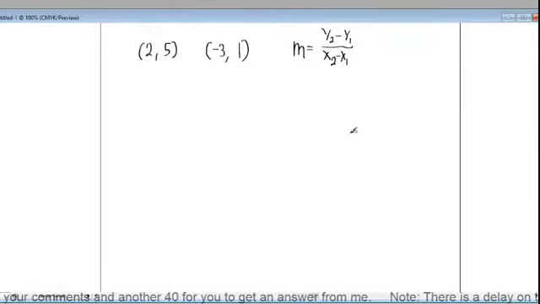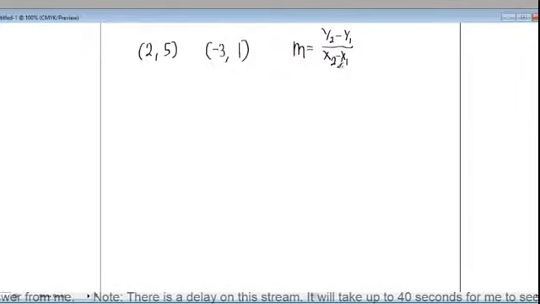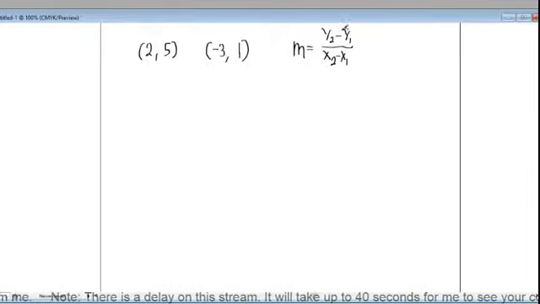Basically, what this formula is saying is y2 minus y1, that is how much is this changing? How much do our numbers change from the second y to the first y? Same thing with the x's. How much is the x changing? And then it's divided, because again, if we think about it, it's rise over run.